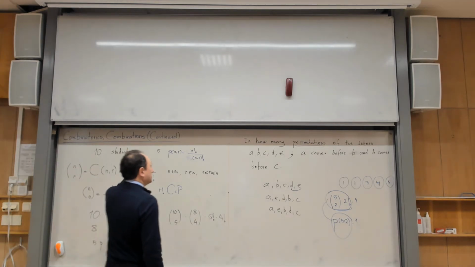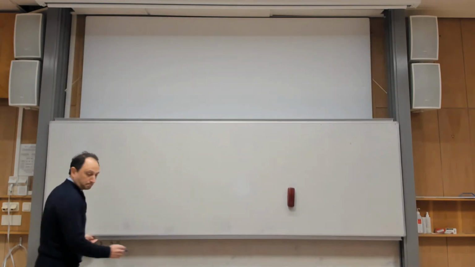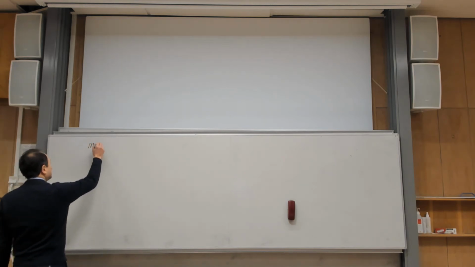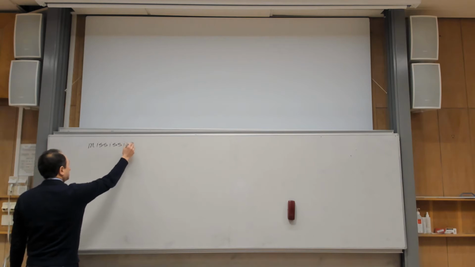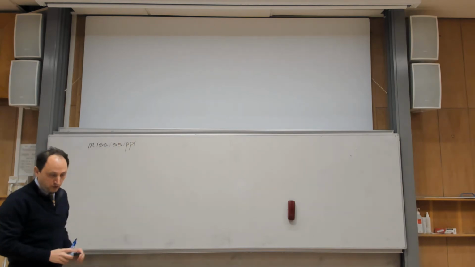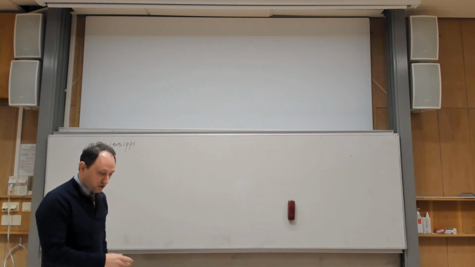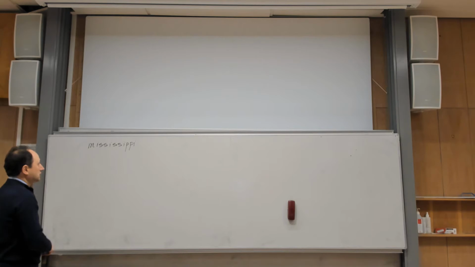Consider the word Mississippi again. Yes? So this word, we want to arrange. I want to arrange all the letters in a row. So permutation, arrangement, the order matters.